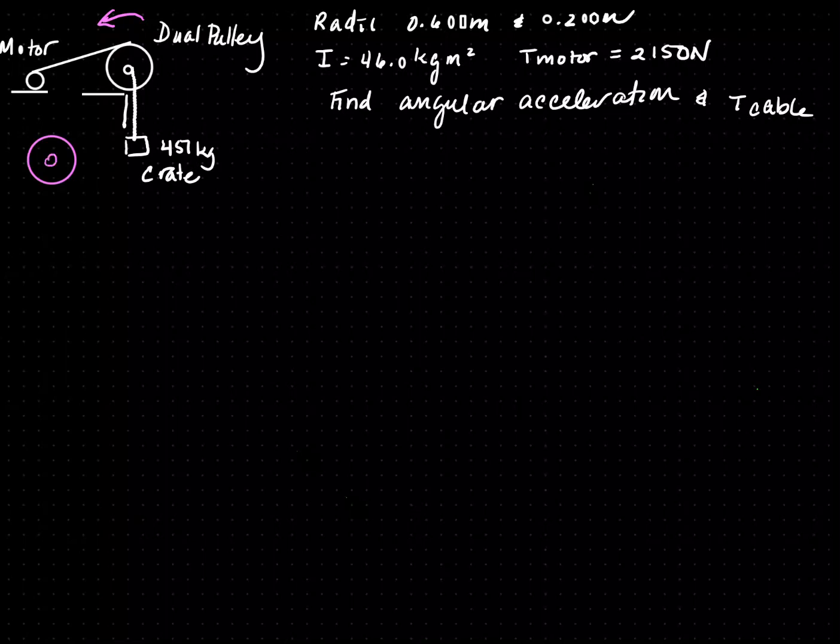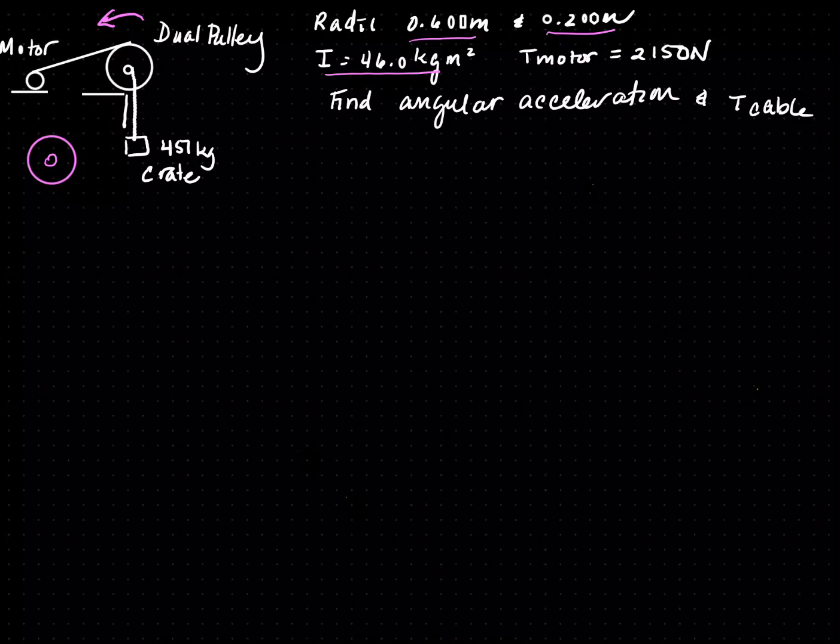The radius given is 0.6 for the bigger one and 0.2 for the smaller one. The I is given for the dual pulley, and the tension of the motor is 2150 newtons. They want you to find the angular acceleration. So pause the video, solve it, and check your answer.